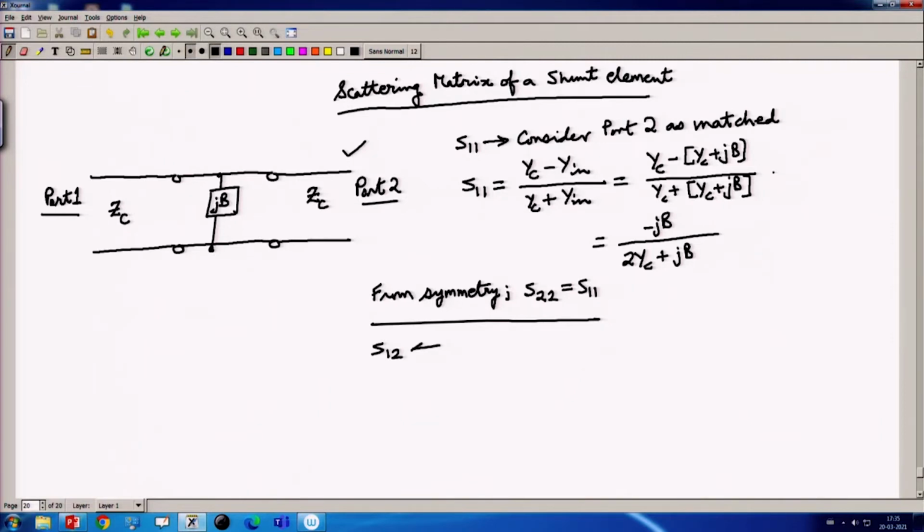So, that can be obtained from 18 and 19, or S12 can be found also from the network by finding V2 minus with port 2 matched.